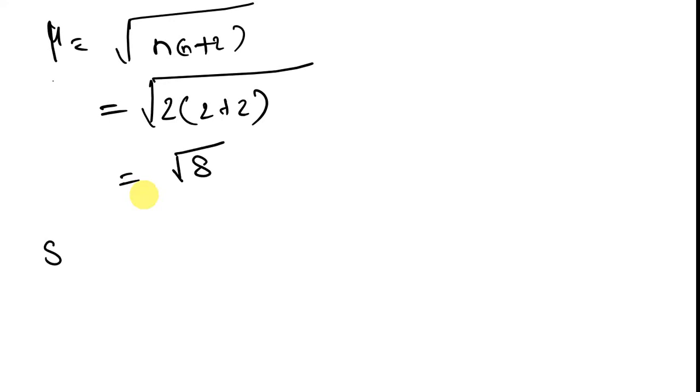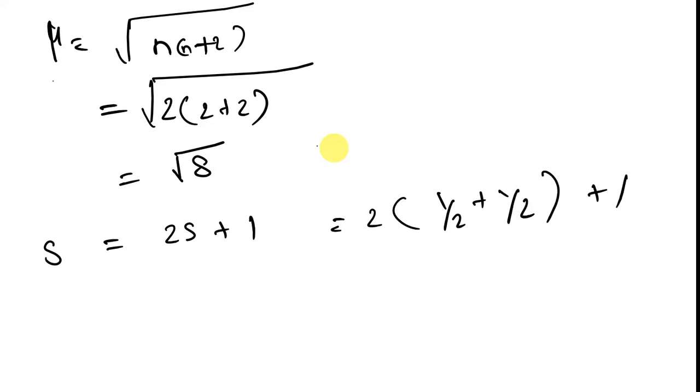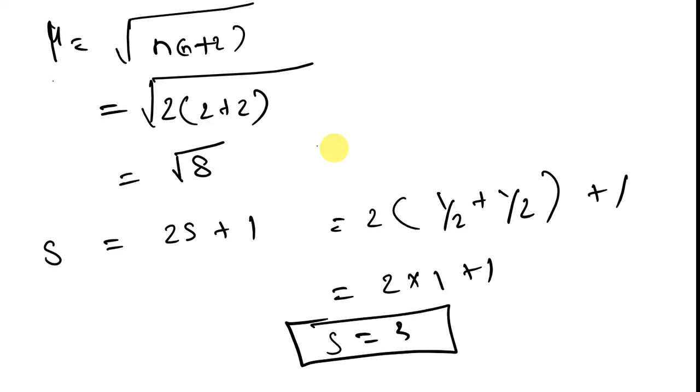And spin multiplicity: how many unpaired electrons are there? 2 electrons. The formula is 2s plus 1, so 2 into half plus 1, that is 2 into 1 plus 1, that is equal to 3. The spin multiplicity is 3 here.